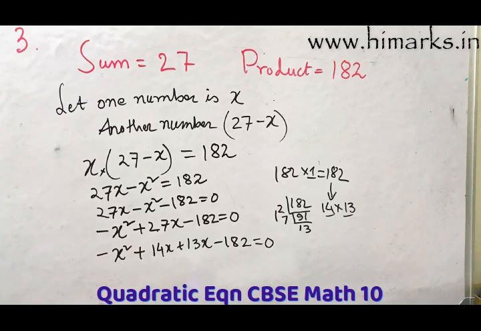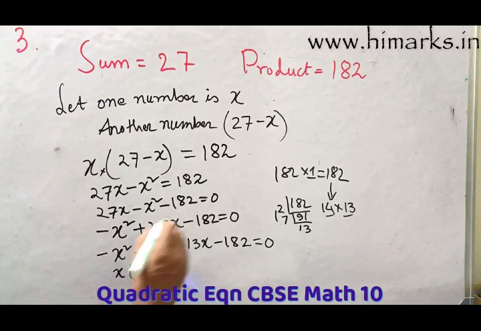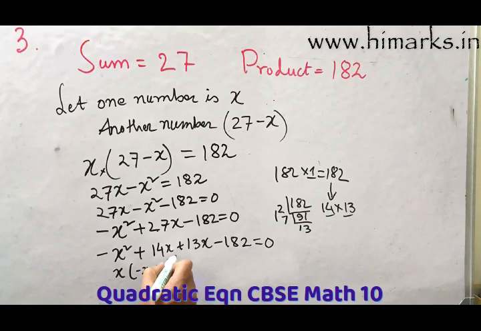I think one more line I can do here. Take the common part from the first two terms. The common part here is only x, so it remains minus x plus 14 from these first two terms. As you know, middle term factorization means first two terms and then last two terms.